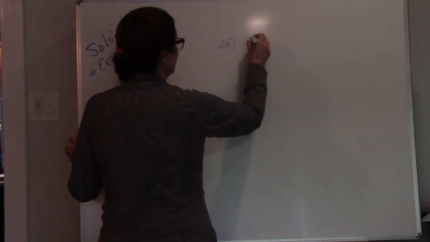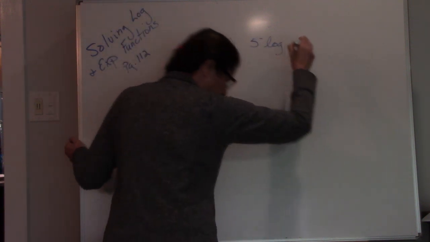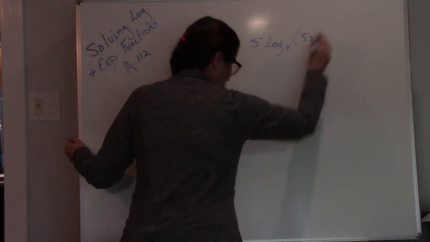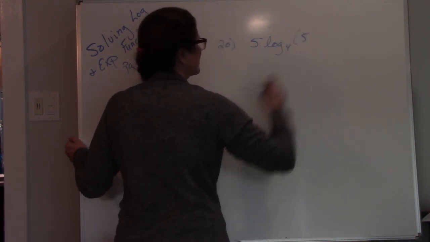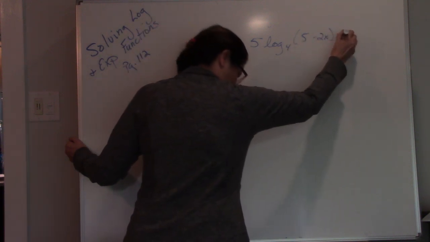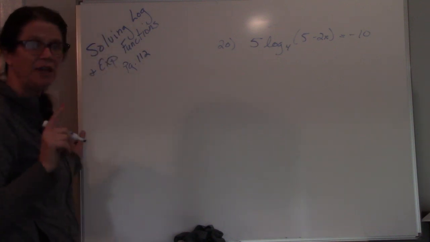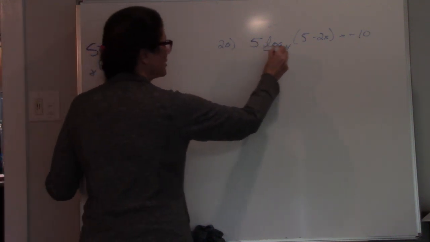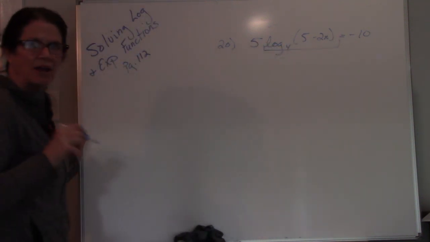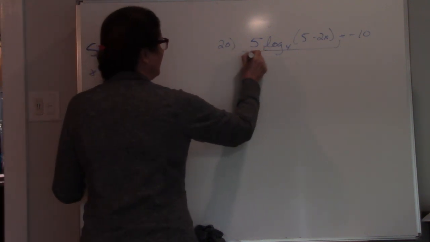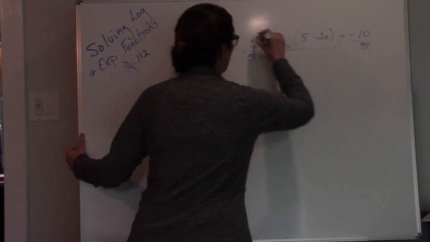This one is 5 times the log base 4 of 5 minus 2x equals negative 10. So again, we can't do anything until this log is isolated, right? We have to have an isolated log in order to do anything. So I'm going to divide by 5, get rid of that 5.